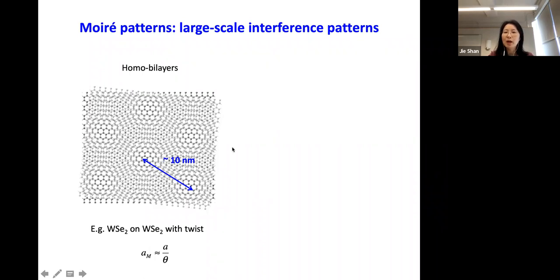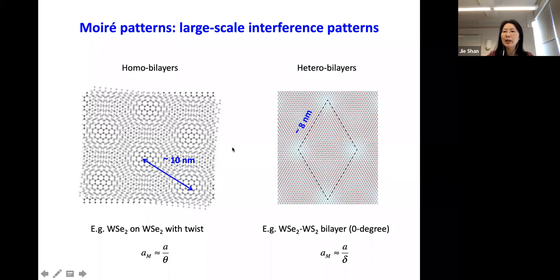You can also get moire pattern by stacking two different materials with slightly different lattice constant and a zero twist. So in this case, it's a tungsten selenide and tungsten sulfide monolayer. Because there's a 4% lattice mismatch, the moire period is 8 nanometer.